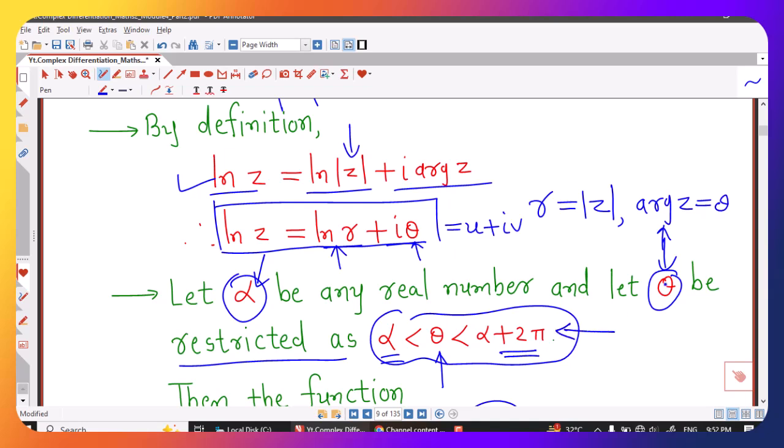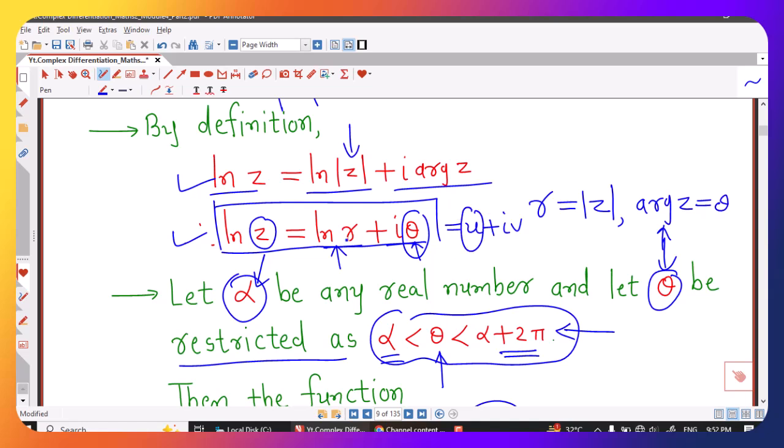When we restrict our argument between these two numbers, we have only one possible value for theta for every non-zero complex number. Therefore this function becomes single valued. After that things are easy.